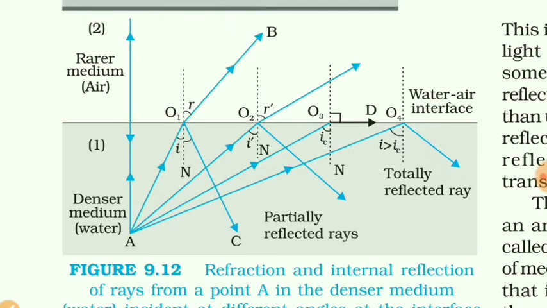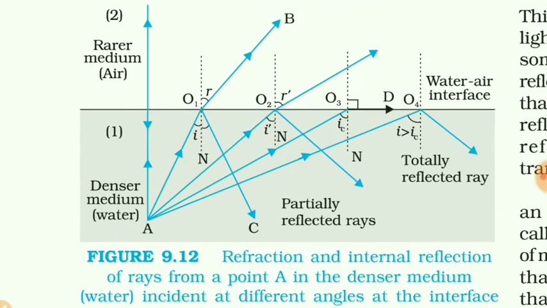Now once again, if we consider this ray from A, it is incident at point O2. Now you see, in the earlier condition this angle I was small.